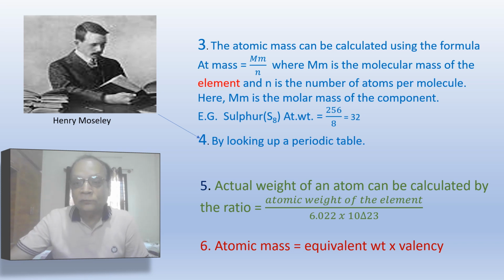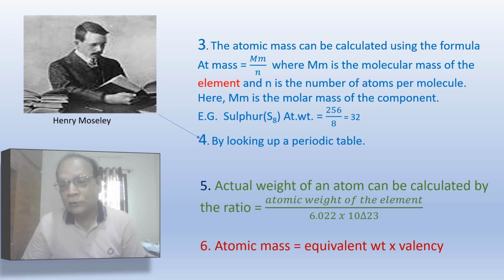Atomic mass can also be calculated from the formula: equivalent weight times valency. If equivalent weight is given and the valency of the metal is known in a particular numerical, we can find its atomic mass using the formula atomic mass equals equivalent weight times valency.